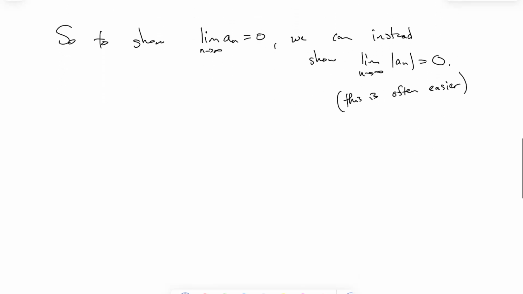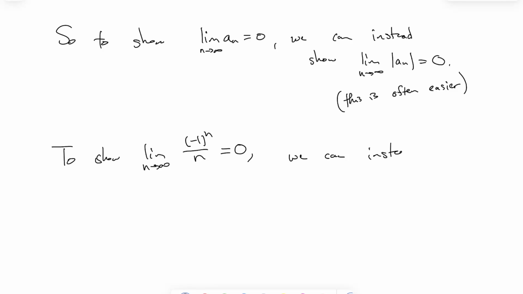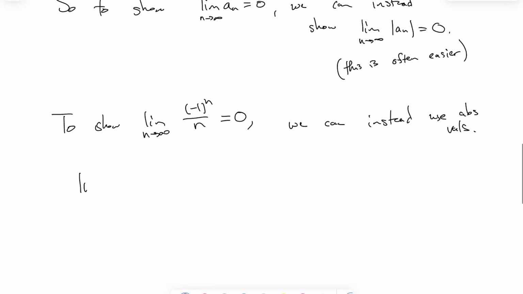So, for example, to show that the limit as n goes to infinity of (-1)^n over n equals 0, we can instead use the absolute values. That would look like the limit as n goes to infinity of the absolute value of (-1)^n over n.